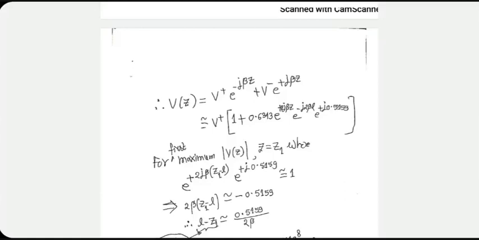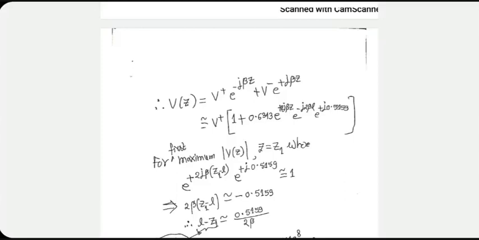There's a term missing, I think, which doesn't matter anyway for calculating the locations. So for the first maximum, if the location is z equal to z1, then the entire term containing e to the power j something should go to 1.